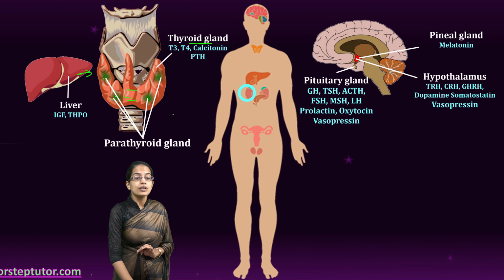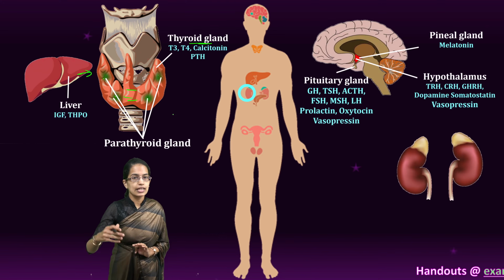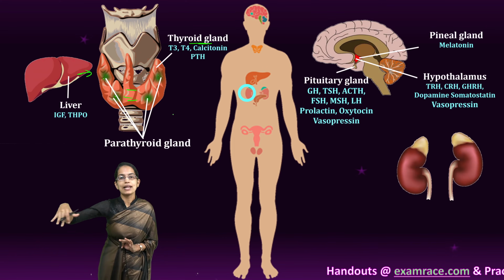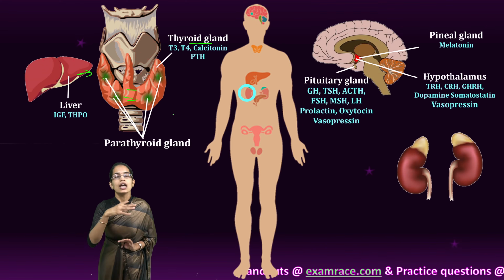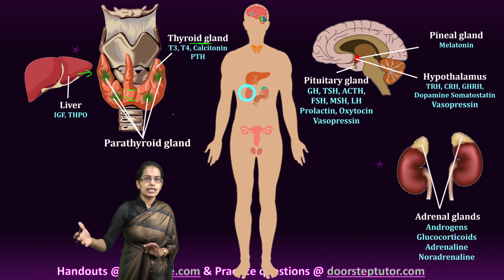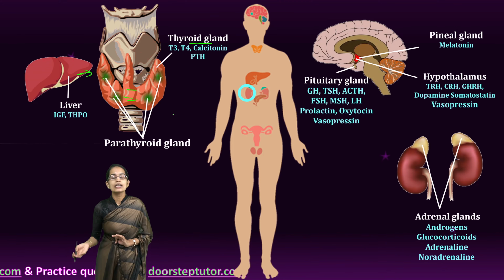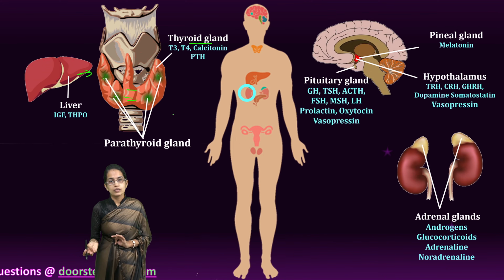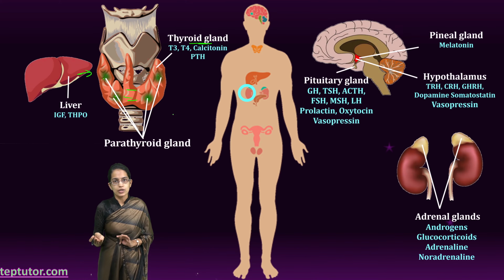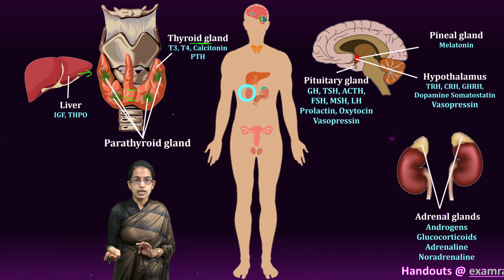Then we have the region of adrenal glands. Adrenal glands are two small cap-like features on either kidneys, and these have the adrenal cortex and medulla. That again we would understand in detail. The important secretions are glucocorticoids, then we have mineralocorticoids, androgens and adrenaline or noradrenaline.